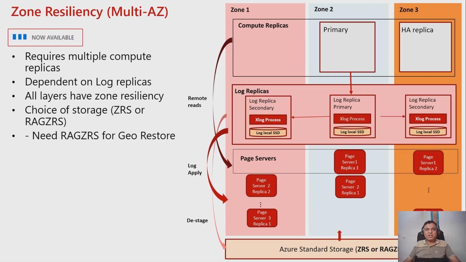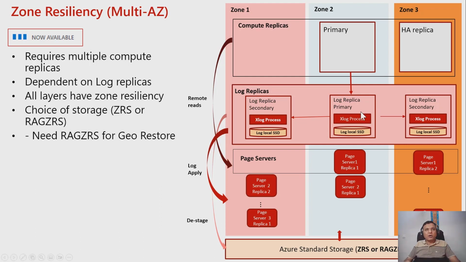So as you can see in the picture, there are three zones which we are showing here. If you create an HA replica, the compute has two nodes now sitting in different zones altogether. So in case a zone has to go down because of some unknown reason, we would do a failover of the compute to the HA replica so that it provides you high availability.